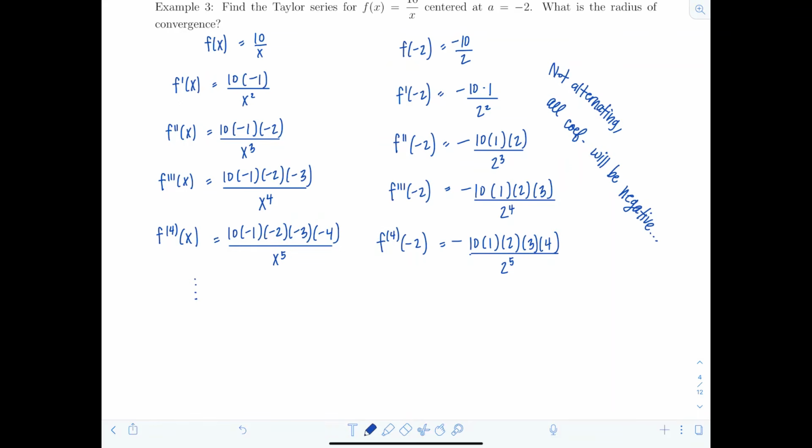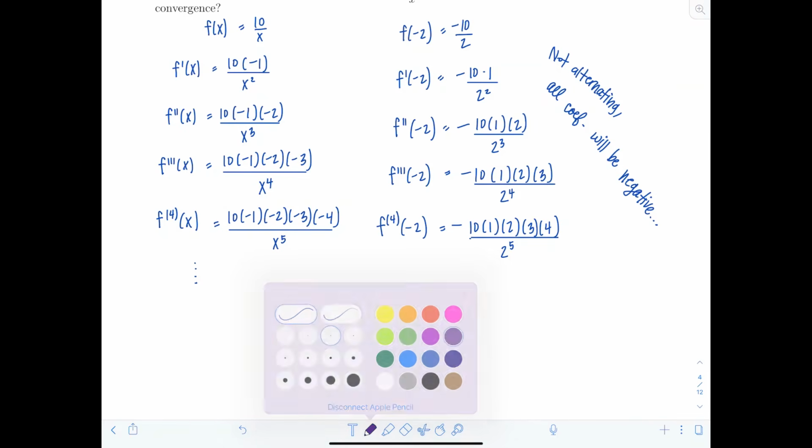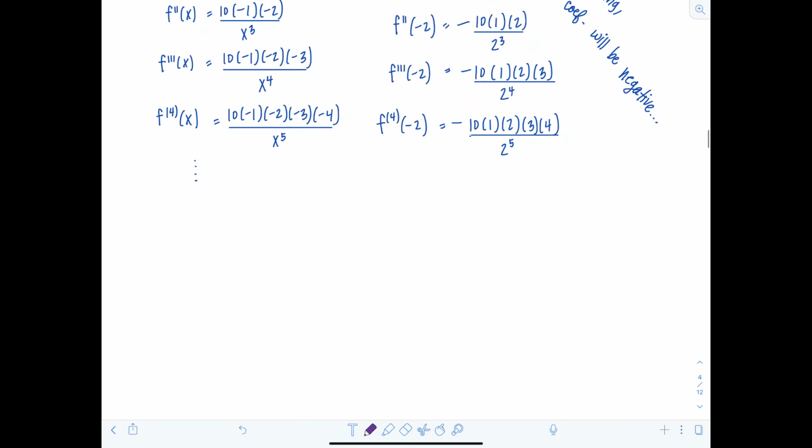Okay, so now let's start writing out the first few terms of our Taylor series. So f of x, which is 10 over x, I can write it as negative 10 over 2, put a 0 factorial there, right?